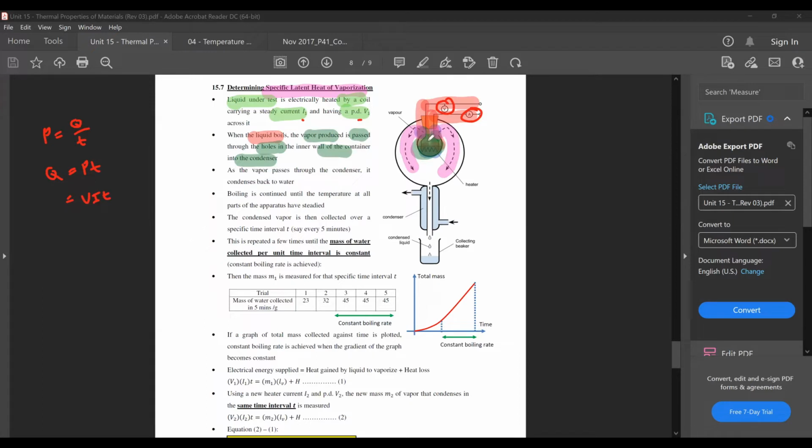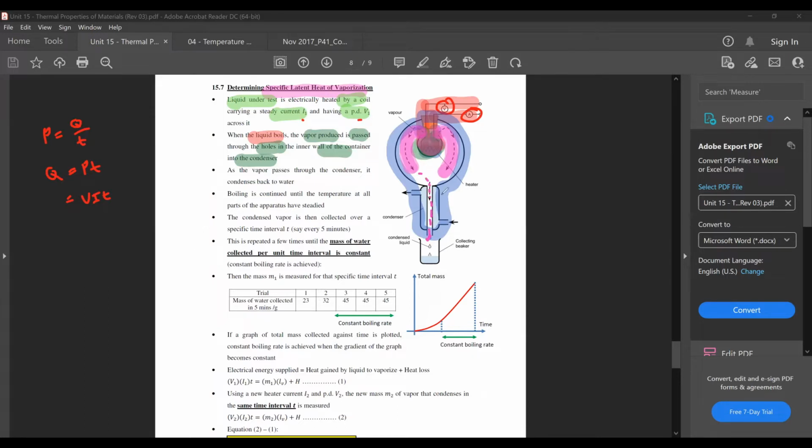Okay, so this flask here is contained inside another larger container. Okay, when your vapor flows out, it can't flow out all the way outside. It's still contained inside another container. So as your vapor escapes from the inner container or flask through the holes, it will flow downwards through your condenser.